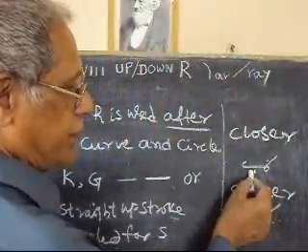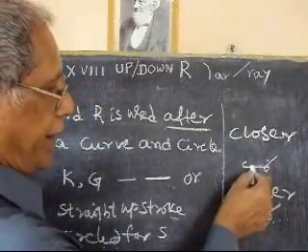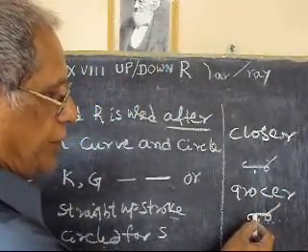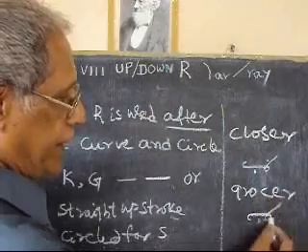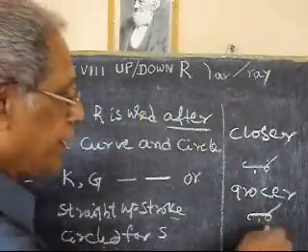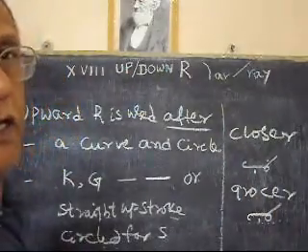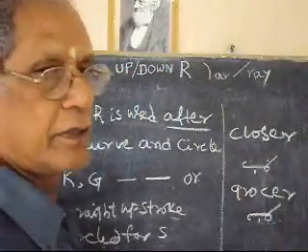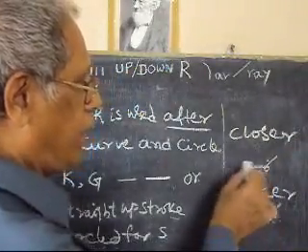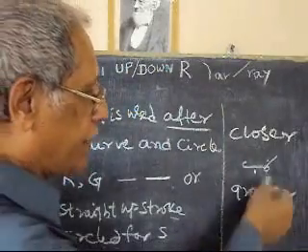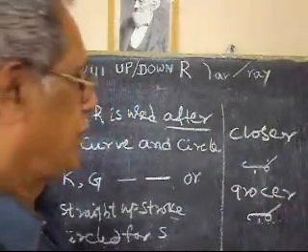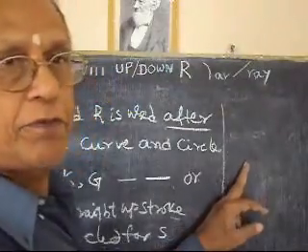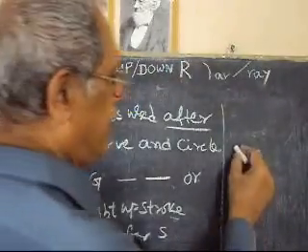So closer, K, here G, grosser, circle for S. Then R should be represented by the upward form, that is ray. Understood? After K or G, circle for S. Circle must be there. Then straight upstroke having a circle.